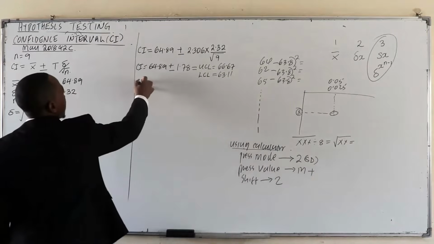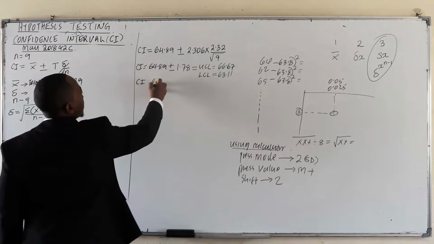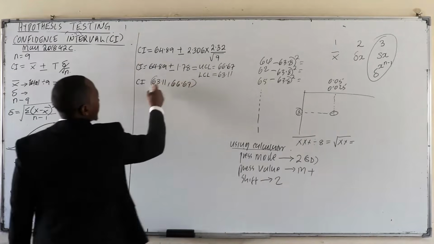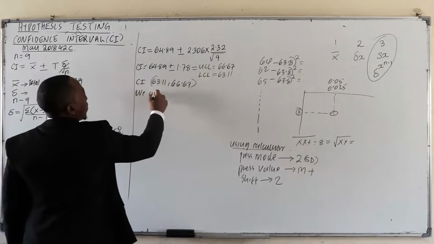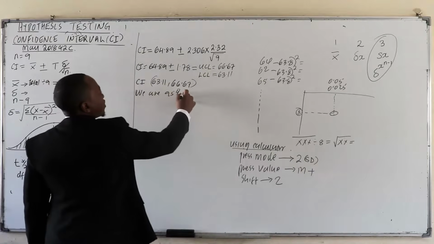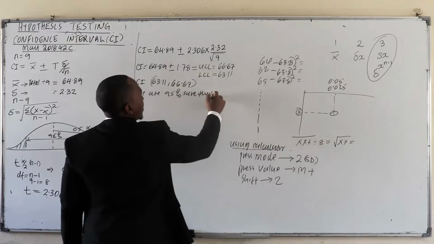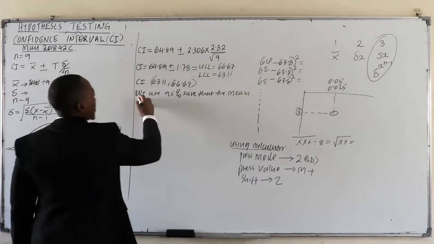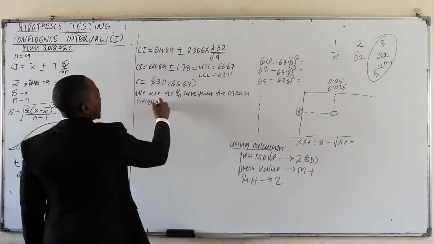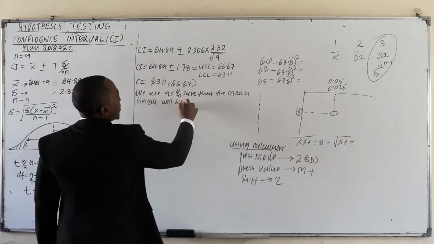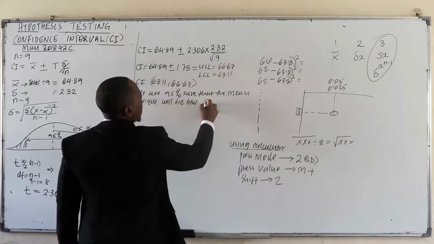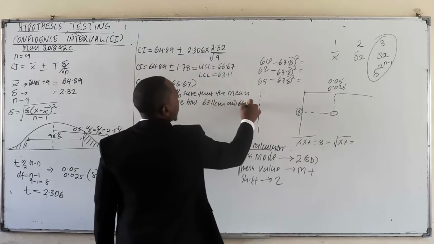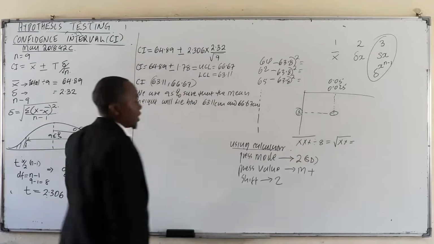So the confidence interval will be 63.11, 66.67. What does that mean? That we are 95% sure that the mean height of the seating will lie between 63.11 centimeter and 66.67 centimeter. So you can copy.